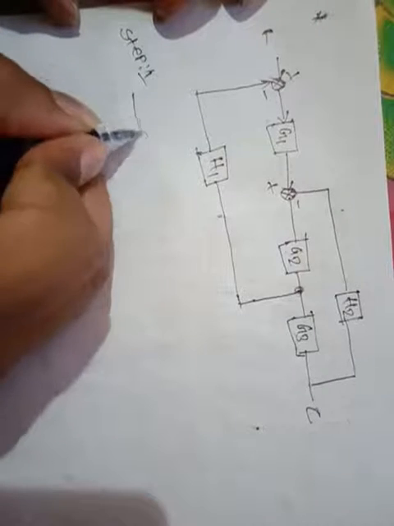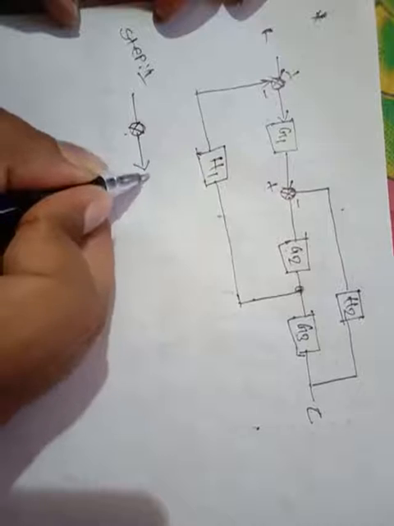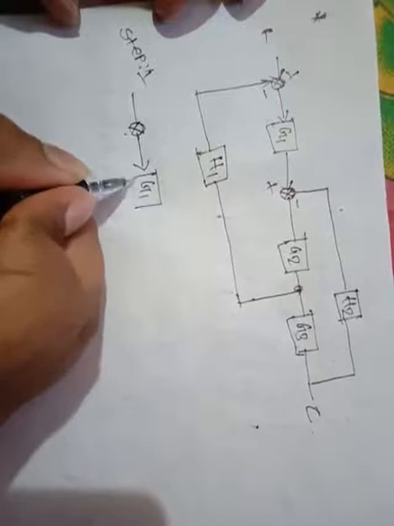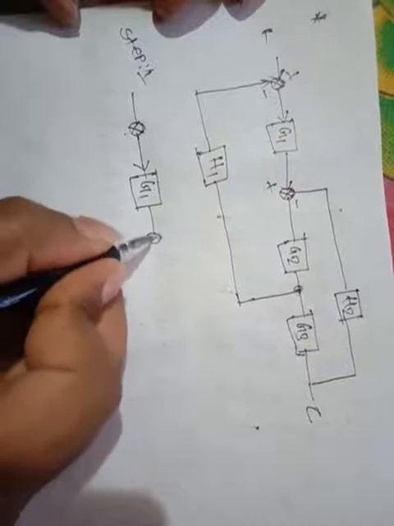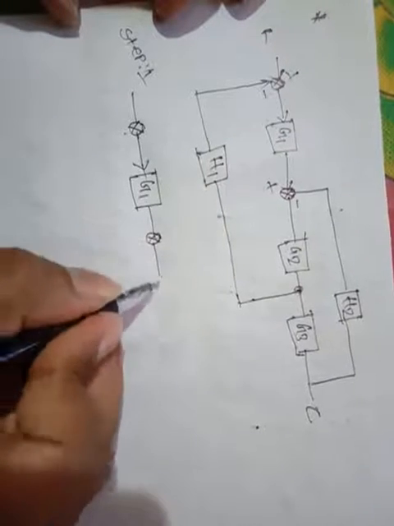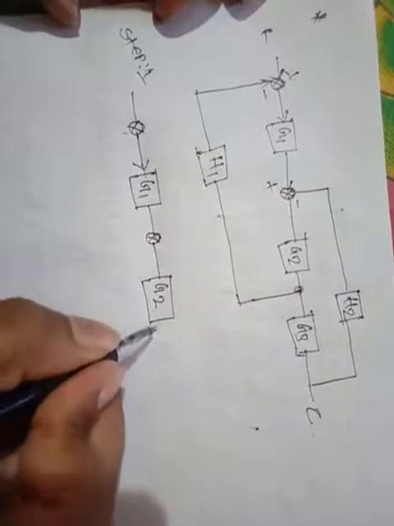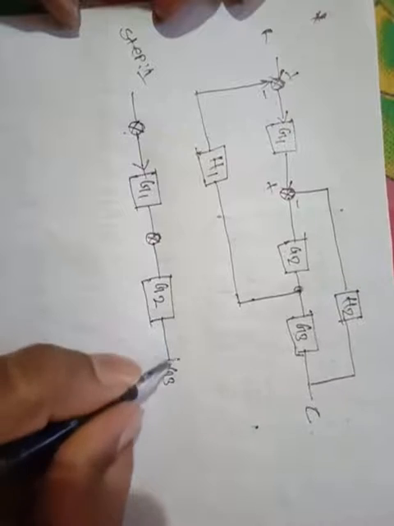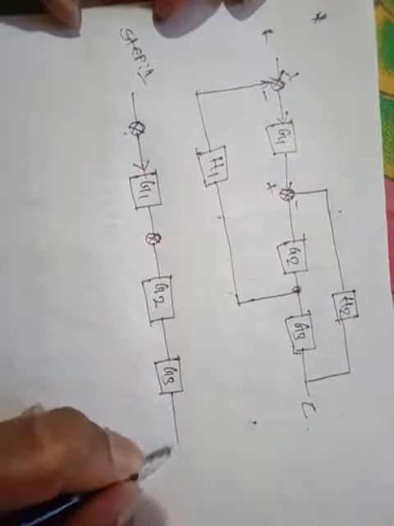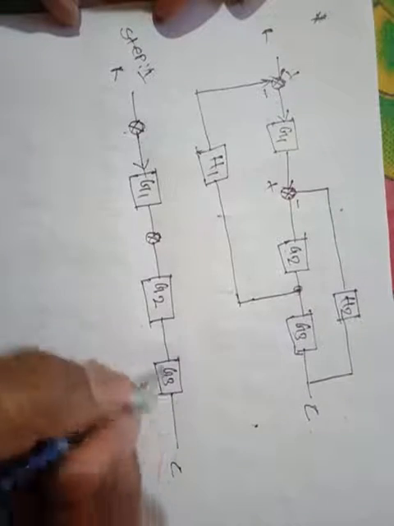The summing point, the transfer function is G1. The summing point and G2 and G3. R is the input, C is the output.